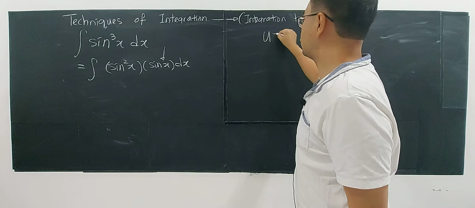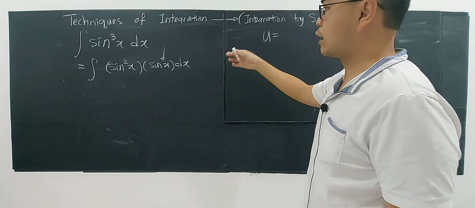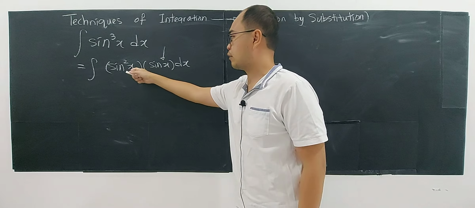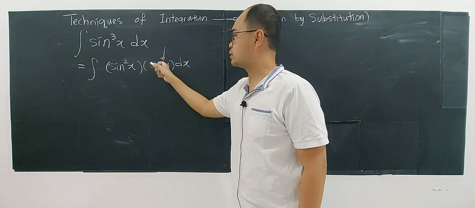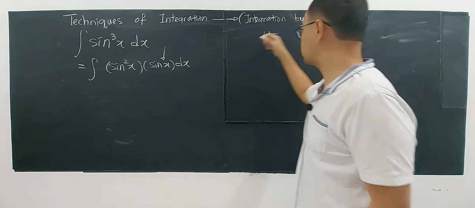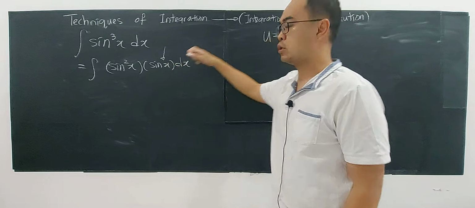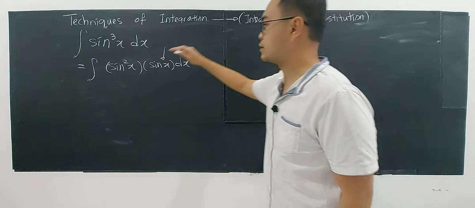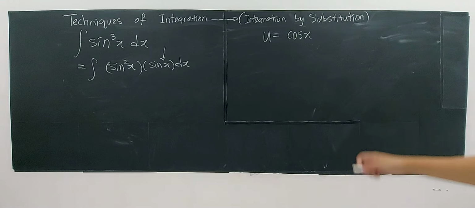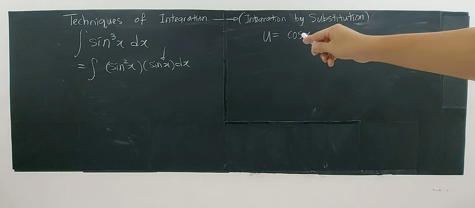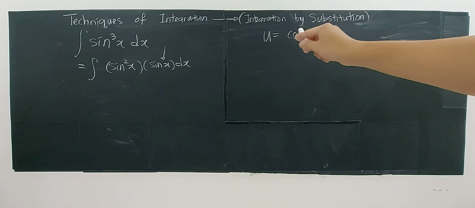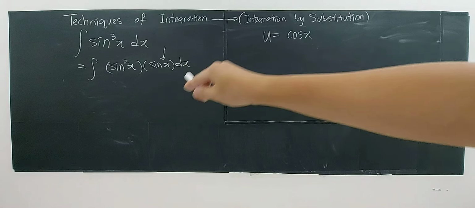Because this is odd, after splitting this, we see that there is a sine x here, right? So we choose the u such that differentiating it gives sine x, which is cos x, when you differentiate cos, you are getting sine. You're not going to choose sine x here, because if you differentiate sine x, you're getting cos x, which is not inside here.